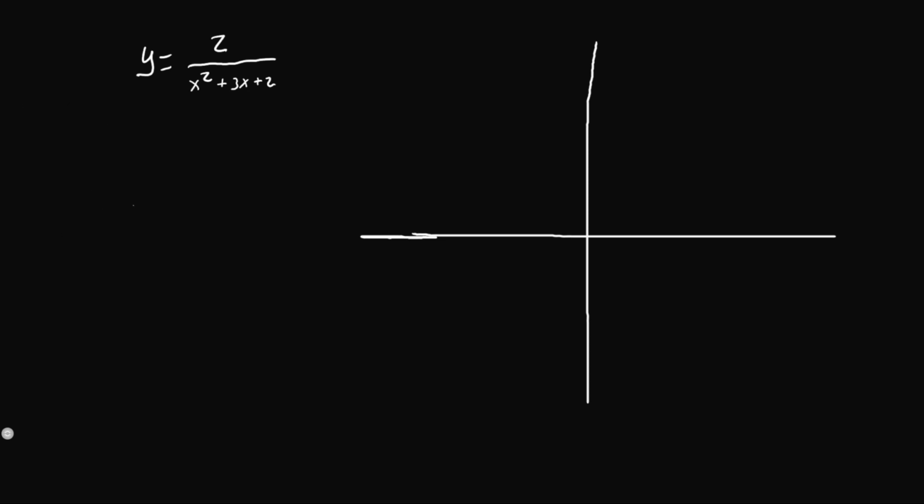And we are going to go ahead and see what the asymptotes of this equation are and find where x cannot equal some number. We have to go ahead and solve the denominator first, giving us x squared plus 3x plus 2 is equal to 0.